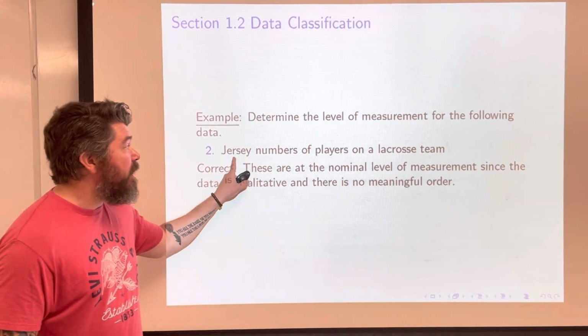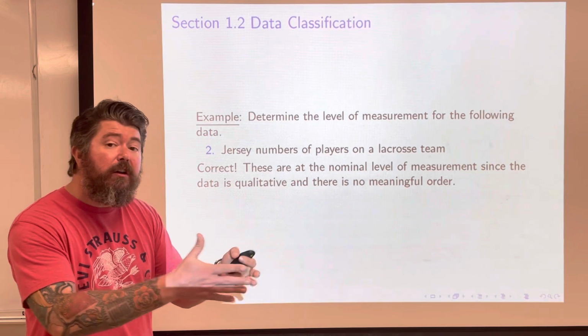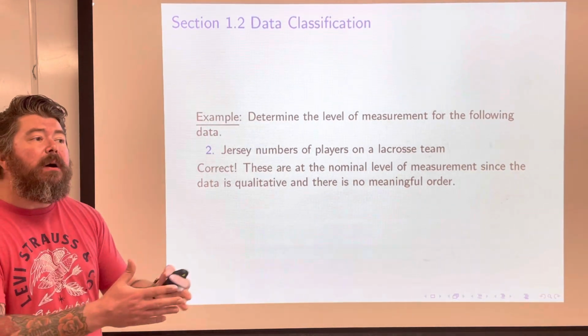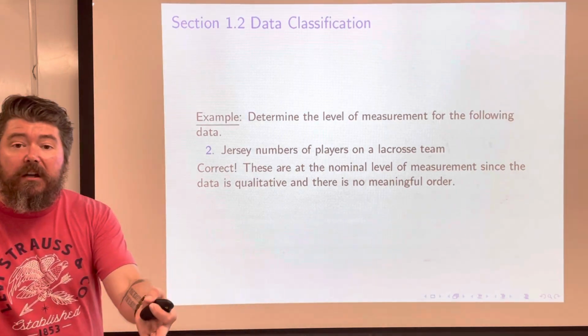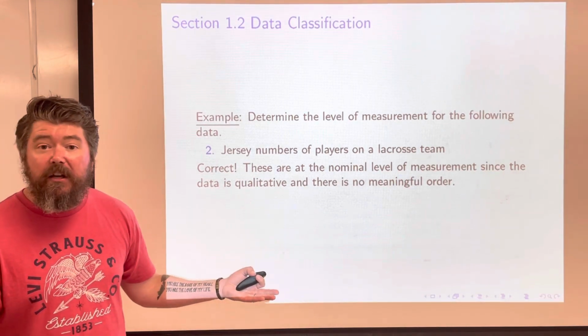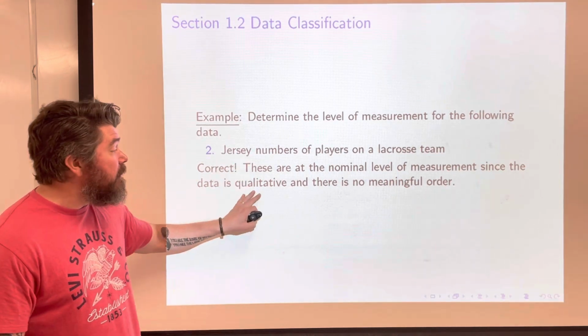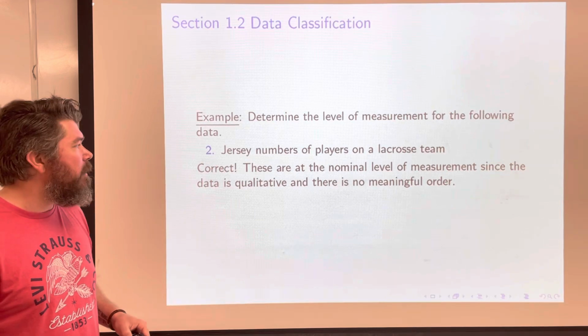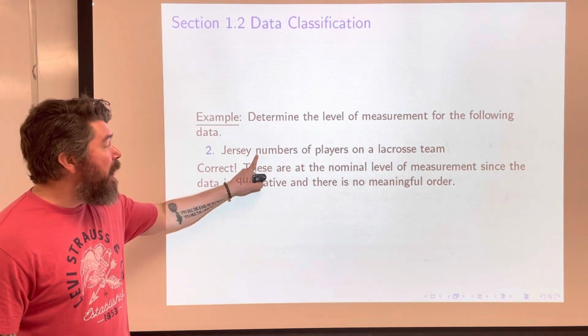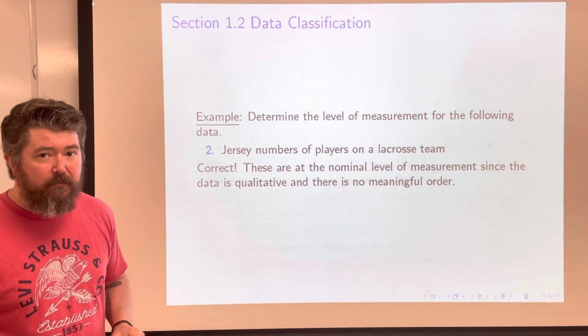Careful, because again, these are numeric and we could order the numbers, but does it have any meaning? Does player 2 come before player 6? Numerically, yes, but as a labeling, this doesn't make sense. So we have to be a little careful on numeric qualitative data, okay?